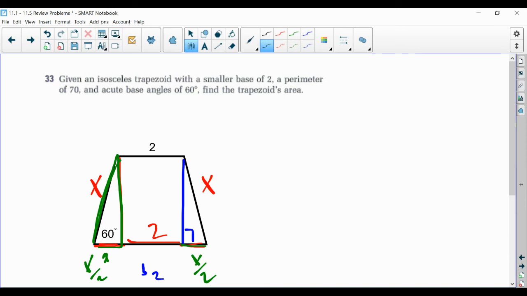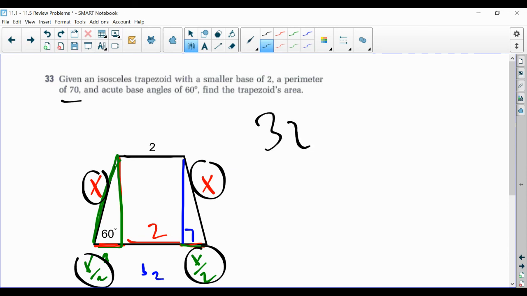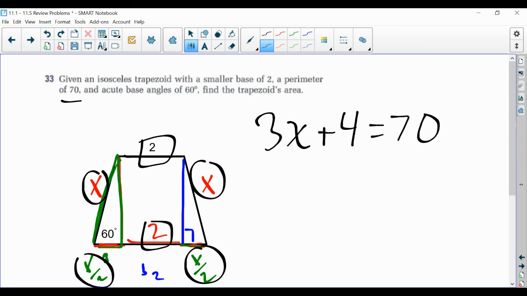So now, if I wanted to set up an equation using the fact that the perimeter is 70, I can say that 2 plus x plus half x plus another 2 plus another half x plus another x is equal to 70. So altogether, that is 1, 2, 2.5, 3 x's plus 2 and 2 is 4 is 70.